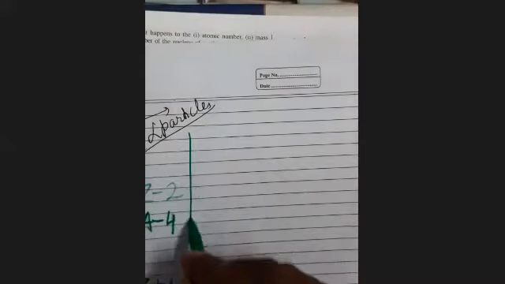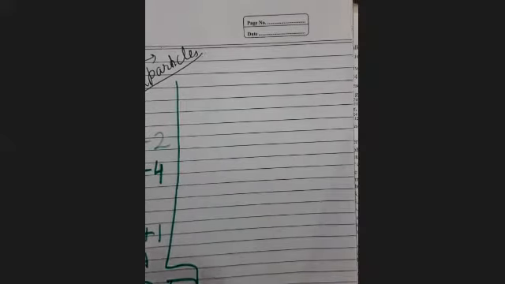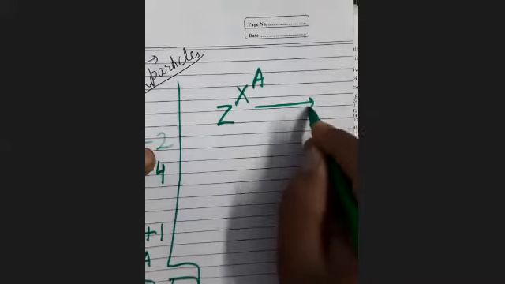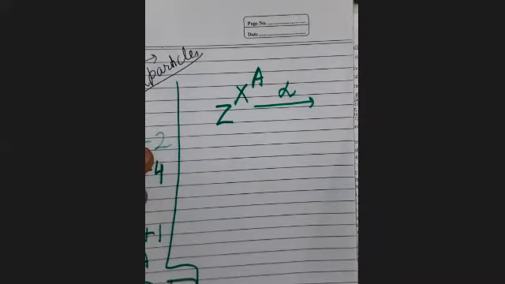It is very simple. When a nucleus ZXA emits an alpha particle, what will be the changes in the atomic number and mass? What will be the changes within the nucleus?